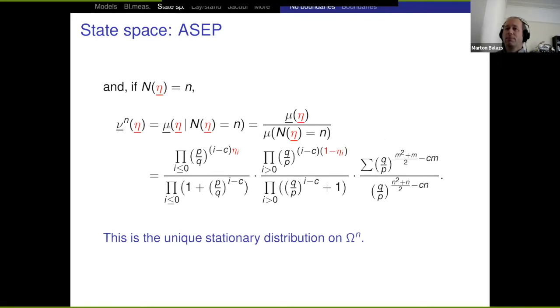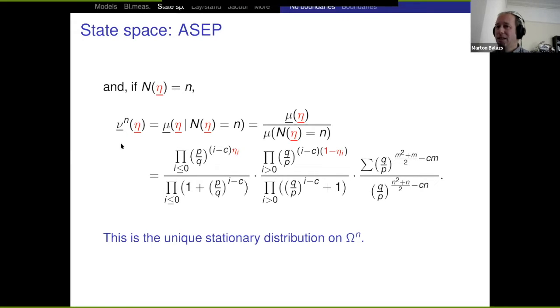Okay, now combining everything together, we're actually able to give an explicit form of the new n's. So these are the guys which act on these irreducible components. And if you have a reversible measure, a reversible stationary distribution, and you restrict it to an irreducible component, you still have a reversible stationary measure.